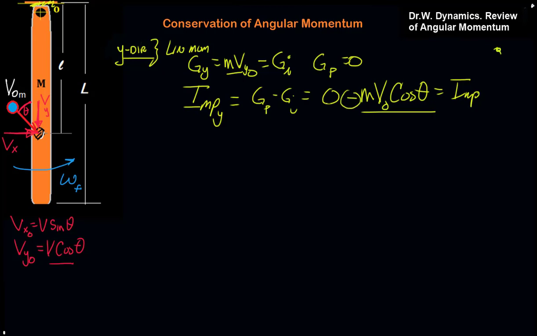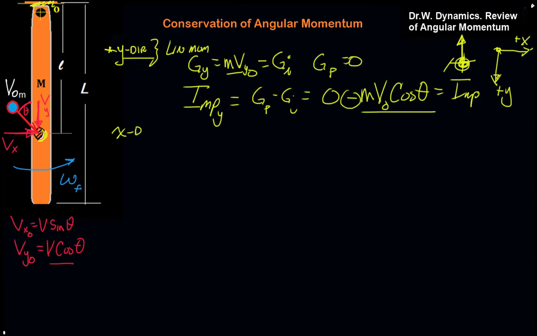Now regarding the sign here, by leaving these values over here positive, we are saying that down is positive, and this will be positive x for this problem, which is fine. We can do that. So there's an impulse on the small mass in this direction, which is what stops it from moving when it becomes embedded inside of the bar. So there's an impulse generated in the y direction, but there's no momentum or angular momentum events after that.